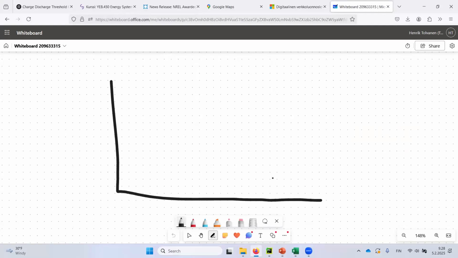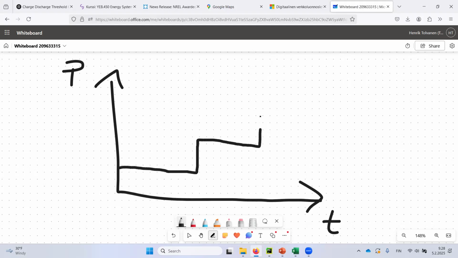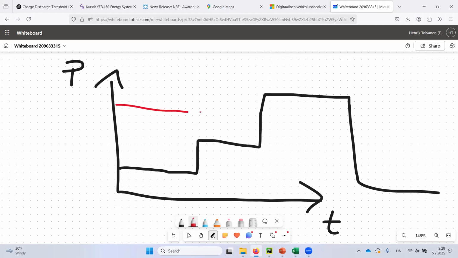So if your electricity price is going to go like this, so there's the price and there's the time. If your field of view, the horizon, is just this, then of course you're going to charge in here and immediately start discharging in here.